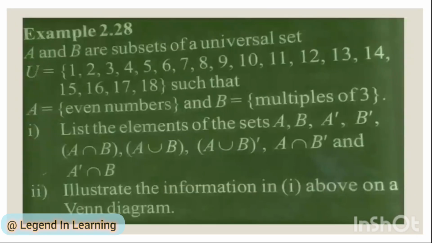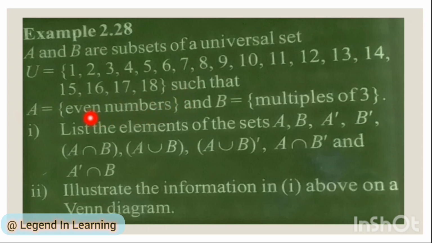Let's check an example on what we just talked about. A and B are subsets of a universal set U, listed over there, and set A is even numbers.